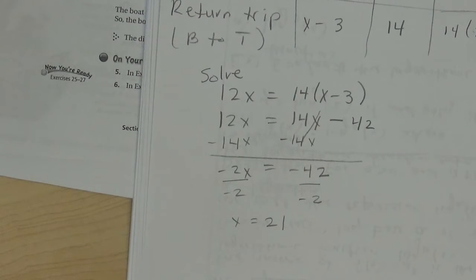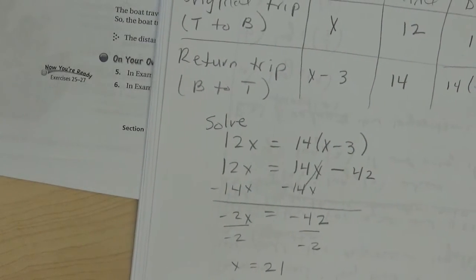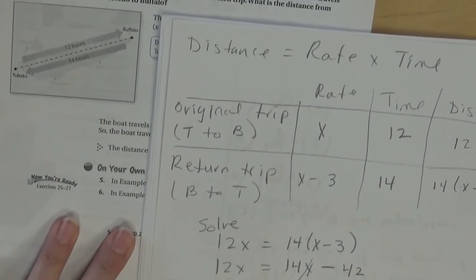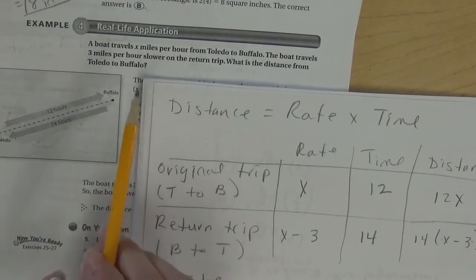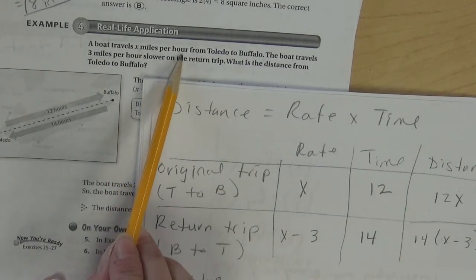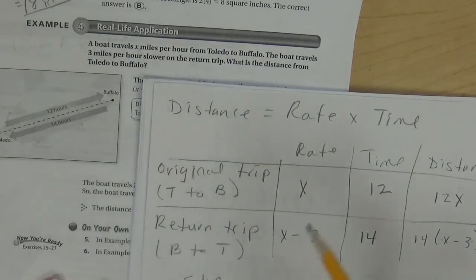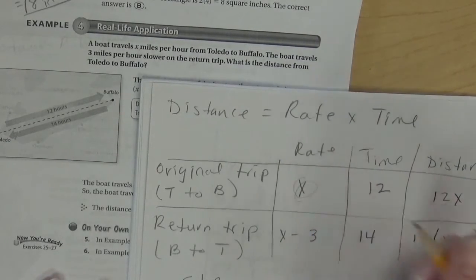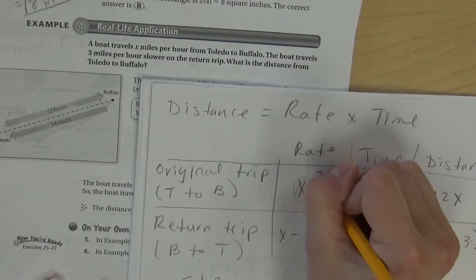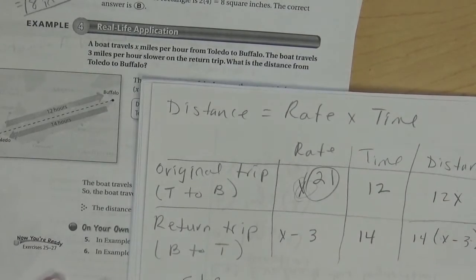So x equals 21. Now what did x represent? I've got to go back and check. They told us that x is the miles per hour from Toledo to Buffalo. So the value in the table is the number we got, 21.